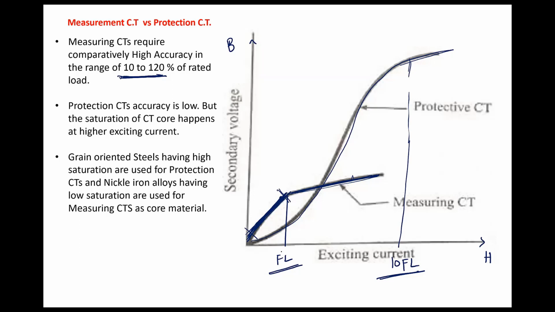And the last point is grain oriented steel having high saturation. That means the core material for protection CTs should not saturate early, and the core material used for measuring CTs should saturate early. That is the point.